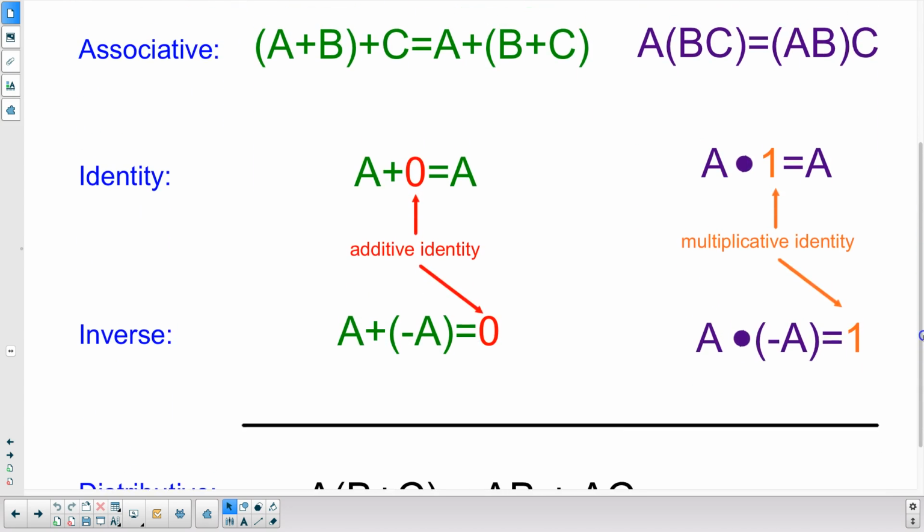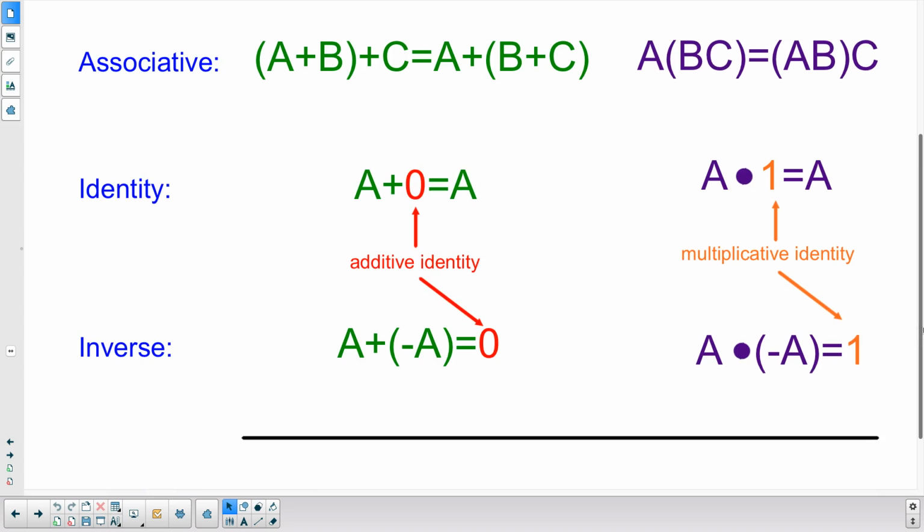Identity property says that we have something called the additive identity, which is 0. If you add 0 to something, it doesn't change. If you multiply by 1, it doesn't change. So that's a multiplicative identity. Inverses: if you add inverses together, you get the additive identity.